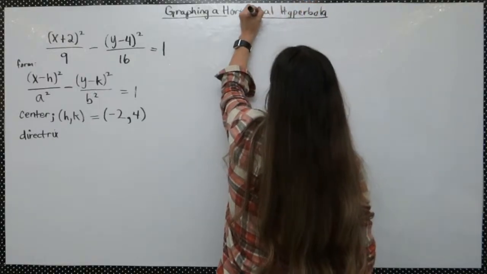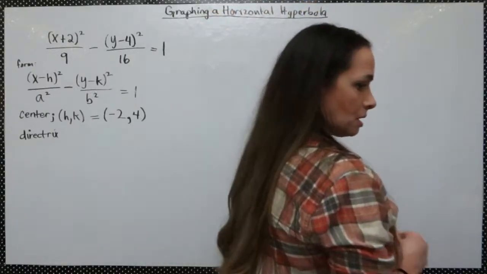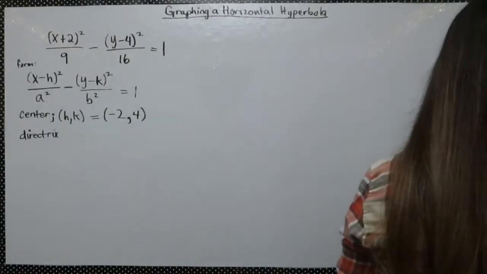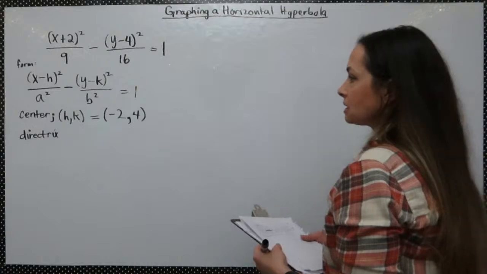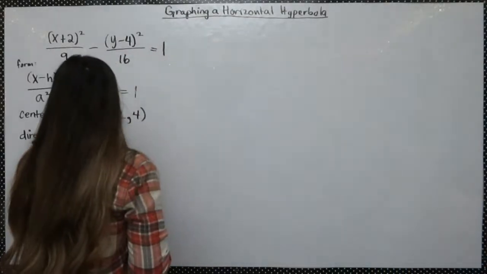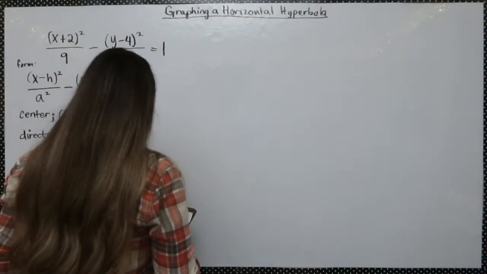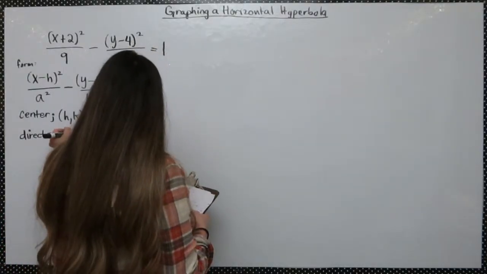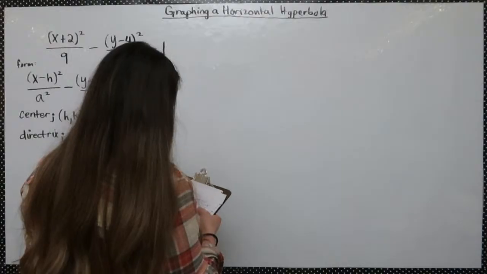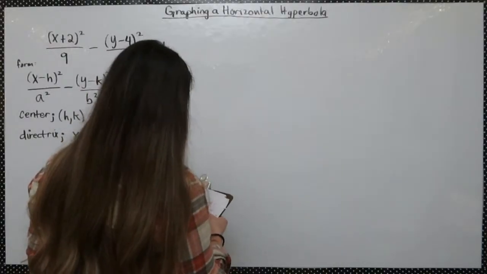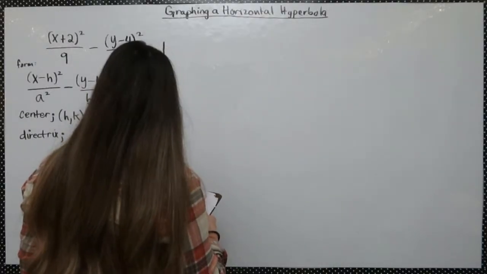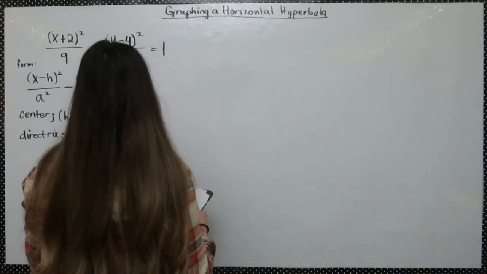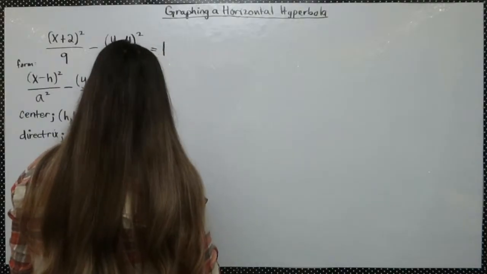Very squeaky marker, but we're just going to roll with it. All right, so let's see. Directrix is, what I basically understand about a directrix is that it's a vertical line in your graph that is used in calculating the eccentricity, which is a constant involved in defining your conic section.